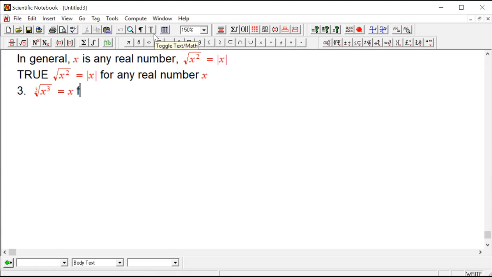And that is true for any real number x. Is that true or false?